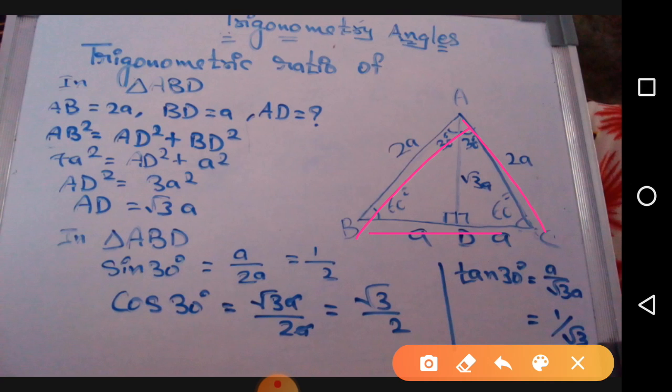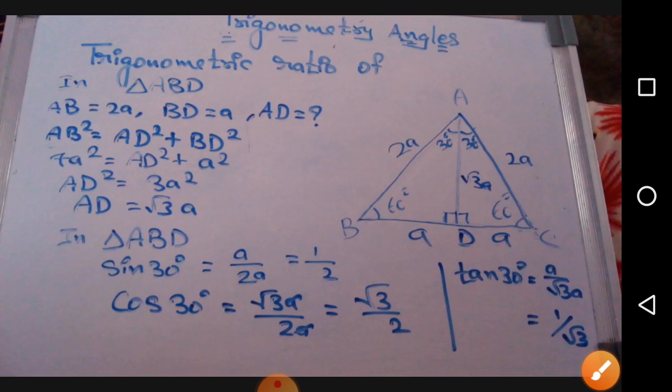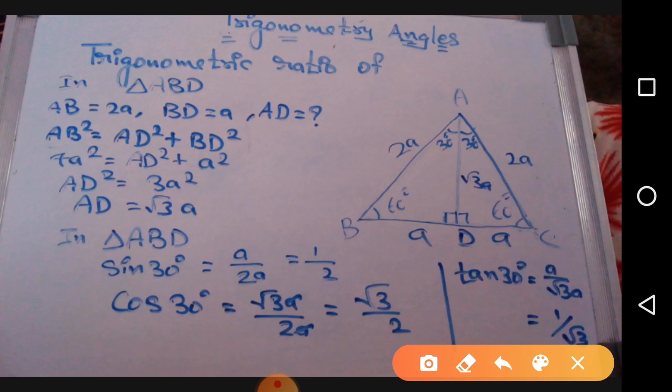Thus 2a, 2a, 2a we have taken, and if a perpendicular is drawn to the third side, then it divides the third side in two equal parts, that is a and a. Thus we get a triangle ABD, and here it forms 90 degree. Thus hypotenuse is AB, and BD and AD are the sides.